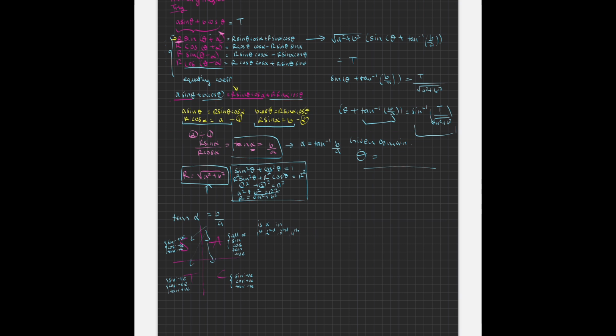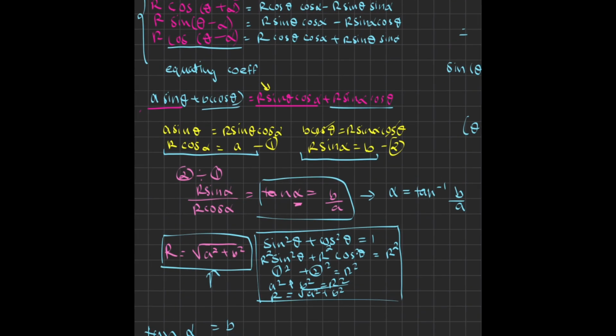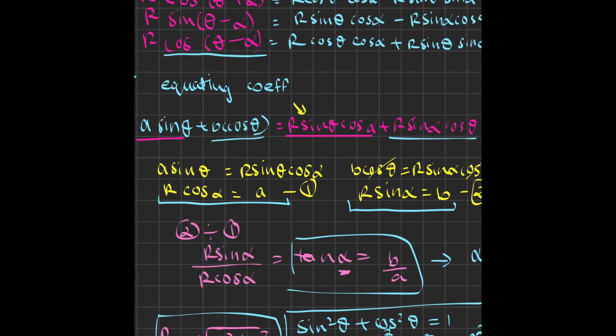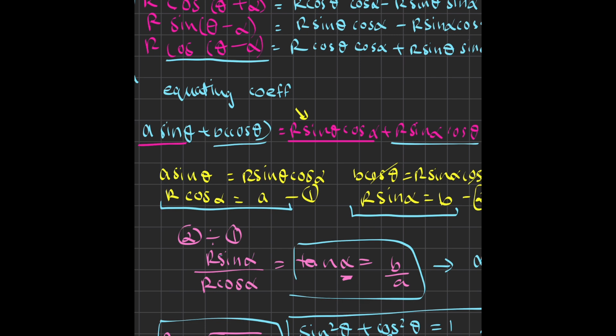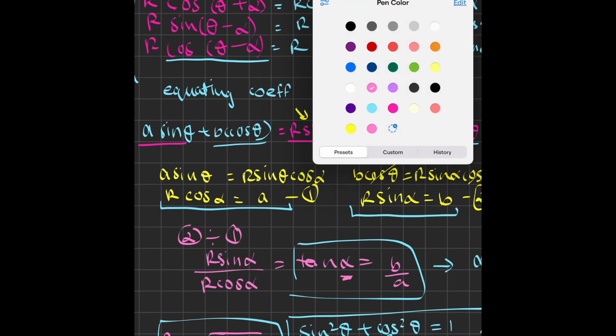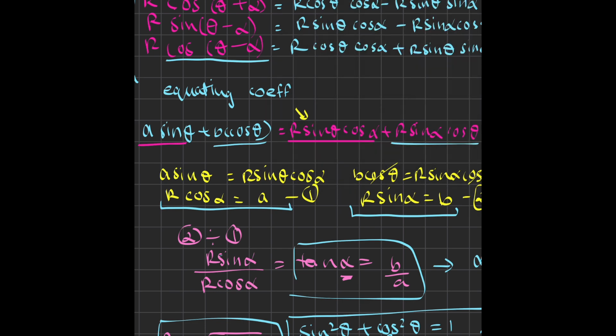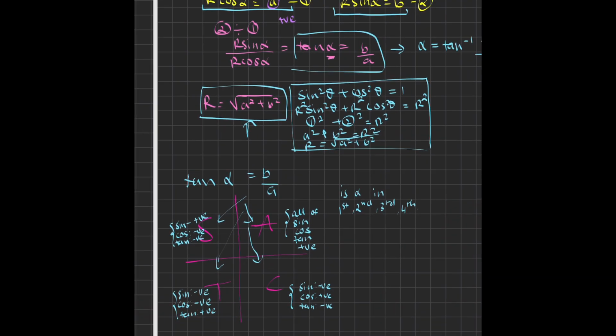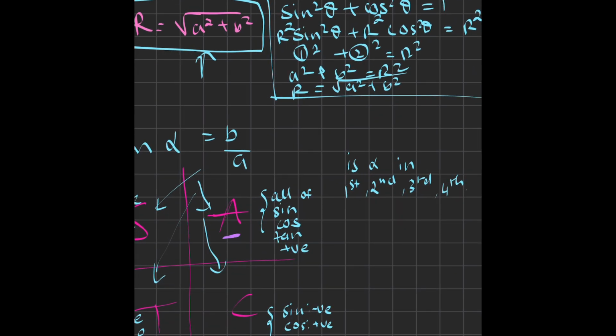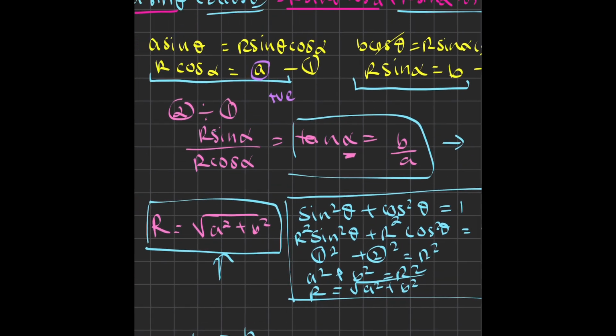The way we can think about this is, let me grab another color. I think purple is a good color. So taking a look here, we know that if a is positive, then cos will be positive, which means that it can either be in the first or the fourth quadrant.